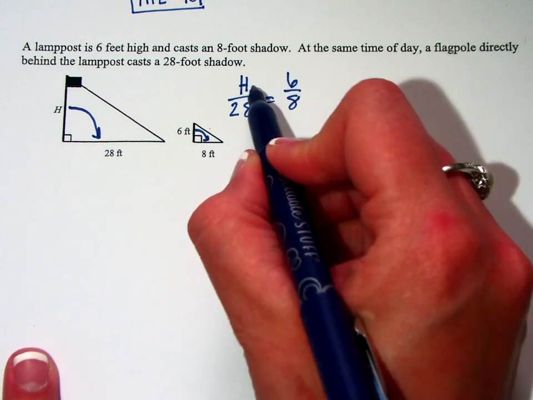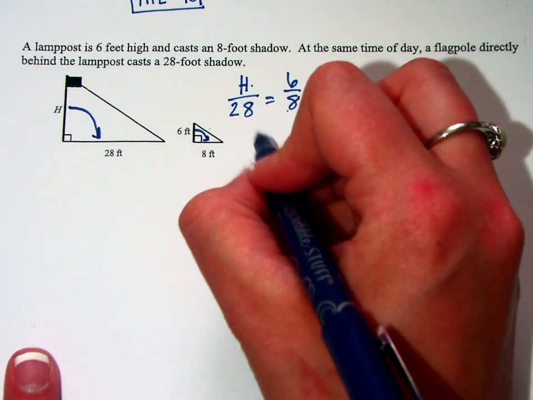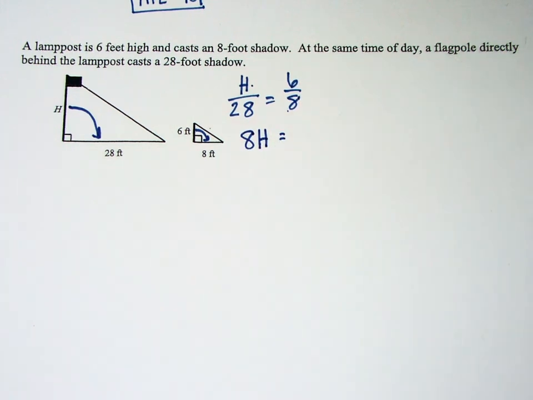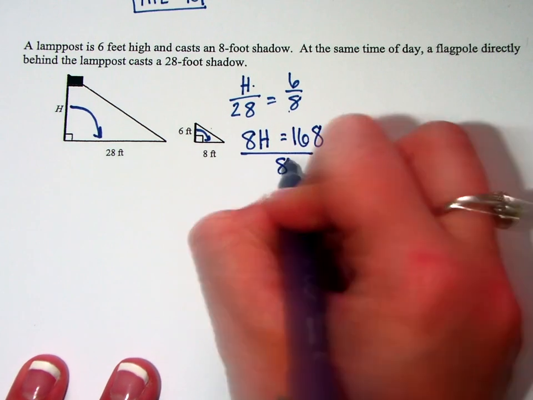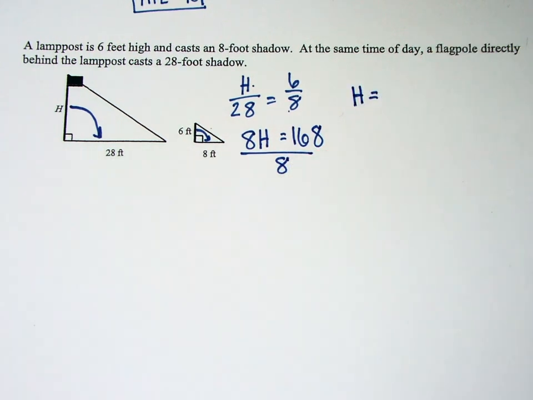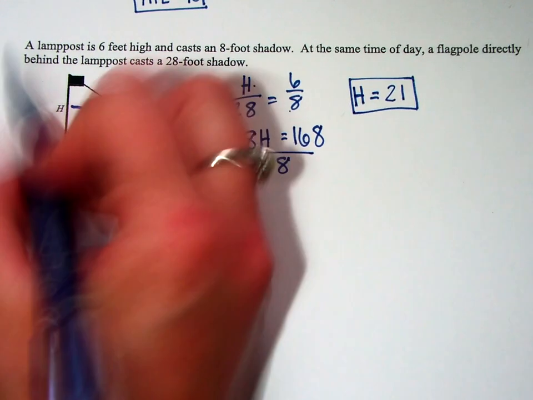And then I cross multiply. H times 8 is 8H. And then 6 times 28 is 168. Dividing both sides by 8, I get 21. So the height of the flagpole is 21.